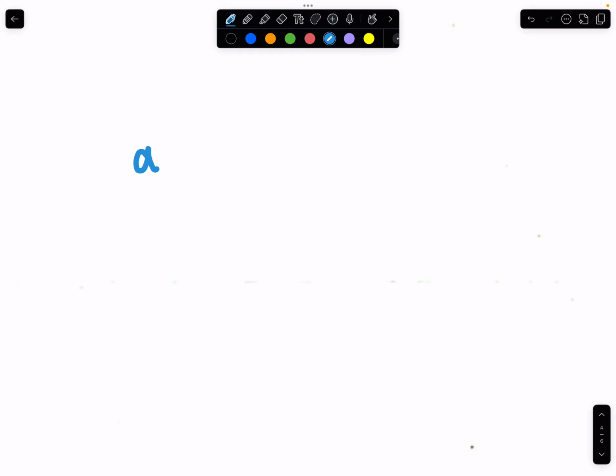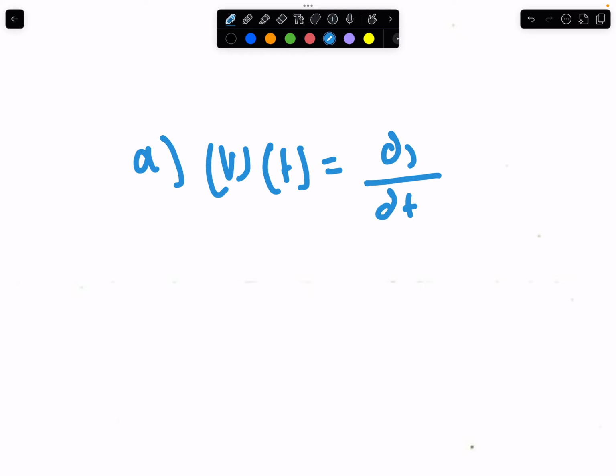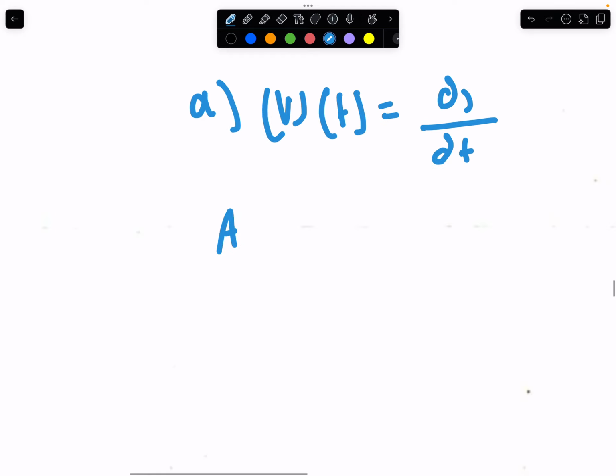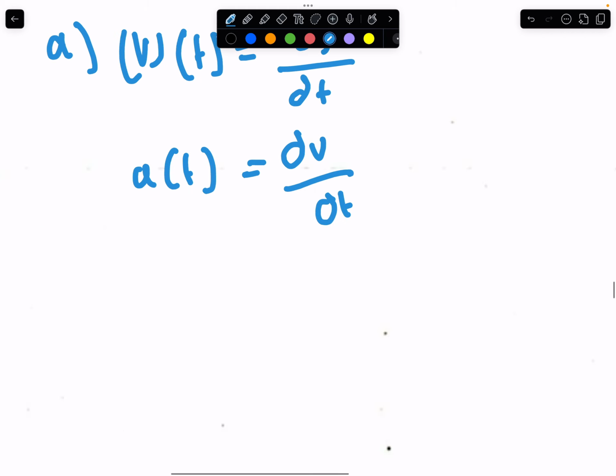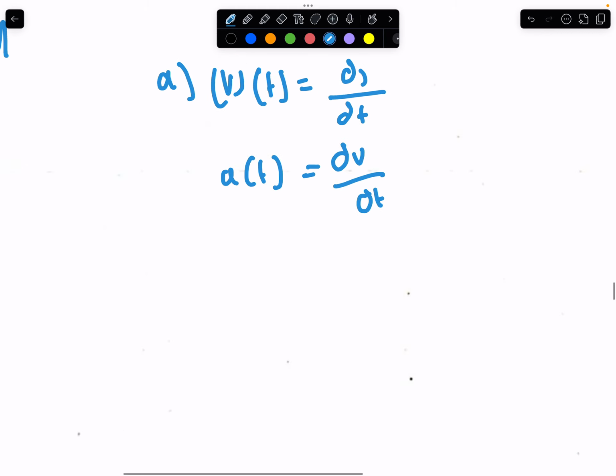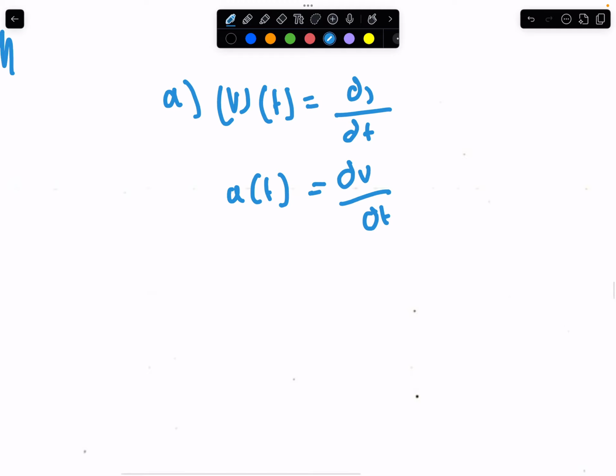So for A, we want velocity, which is ds/dt, and acceleration, which is dv/dt. We'll differentiate once for velocity and then again for acceleration.